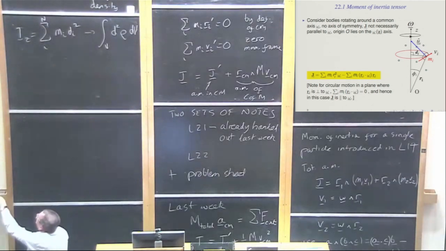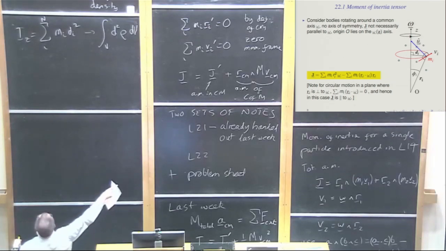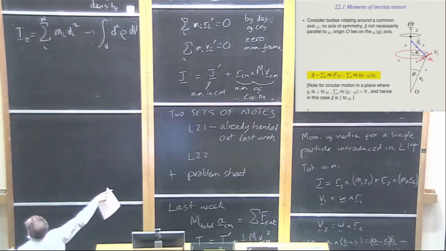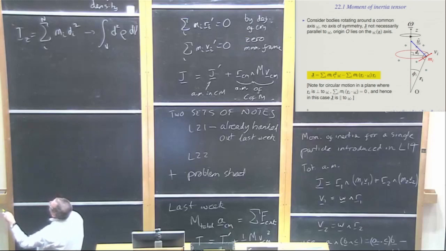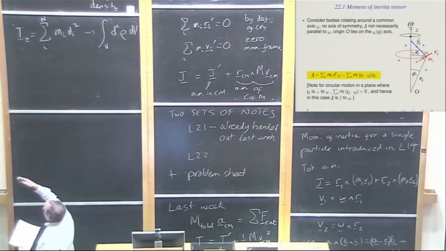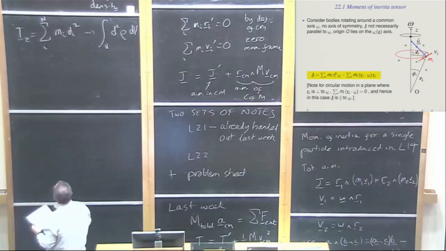This is just the same issue that we've been looking at, right? So this is just the same thing which we worked out the z component of the angular momentum for. I just want to now work out an expression for the complete angular momentum.